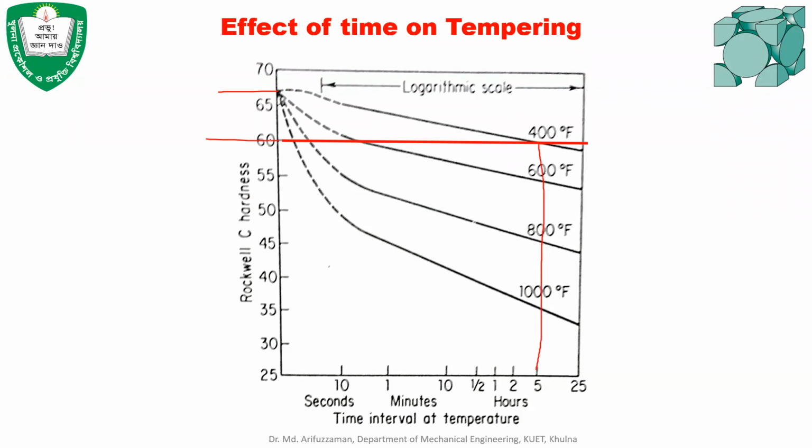Then the hardness will be decreased to 60. Yes, sir. And again, you can heat the same steel at 1000 degrees Fahrenheit. Within 2 seconds, the hardness will be decreased to 60. And the decrease in hardness is related to the increase in toughness. That means toughness will be increased. Did you get the point? Yes.